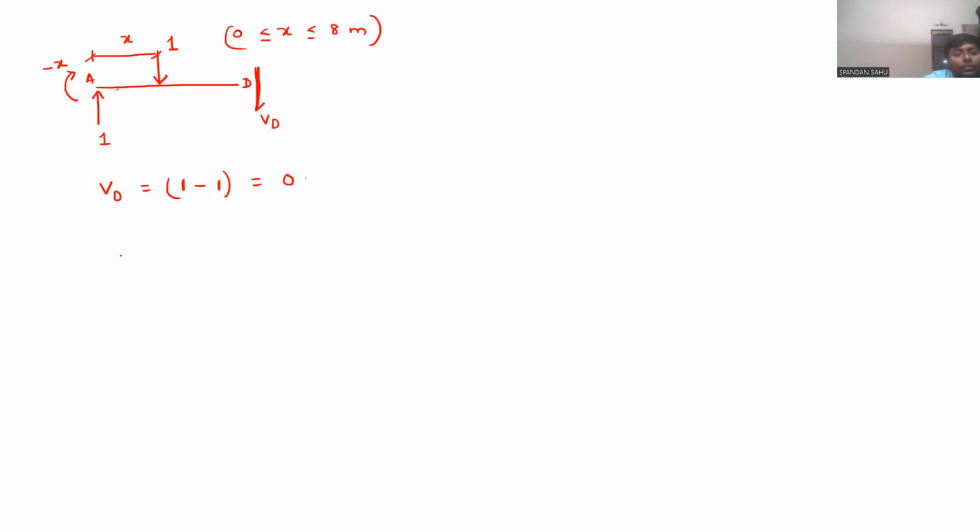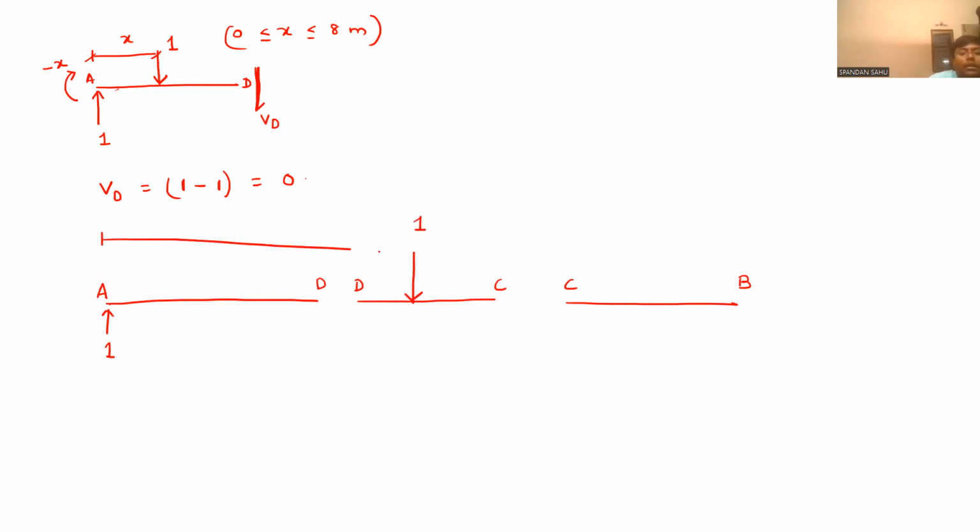Now, this is A, this we got 1, and this is D, and now this is D, this is C, and this is B. Now our unit load is moving between D and C. And here the distance is x from the left support.